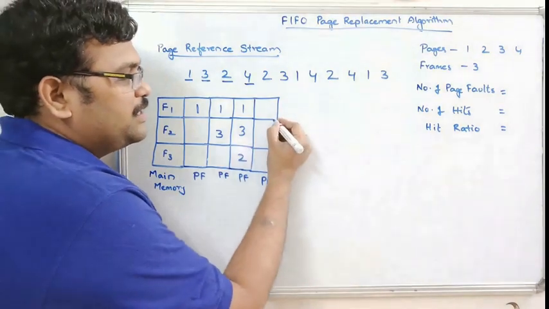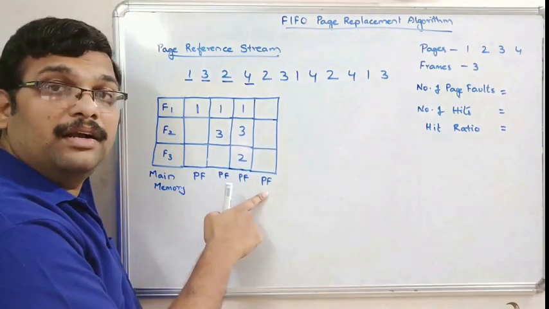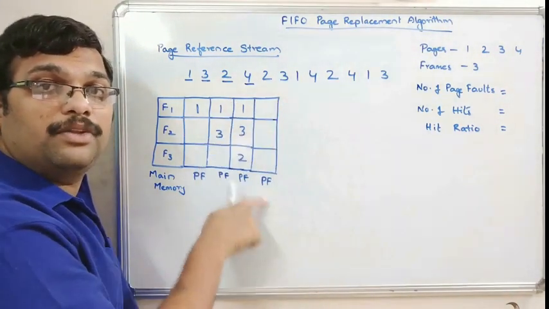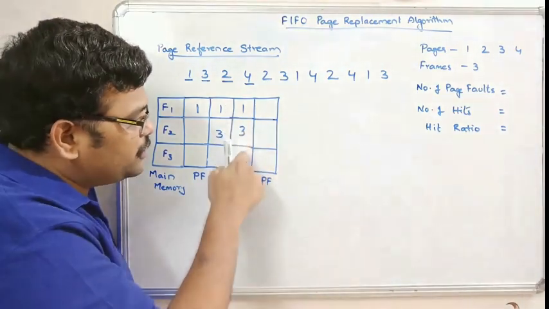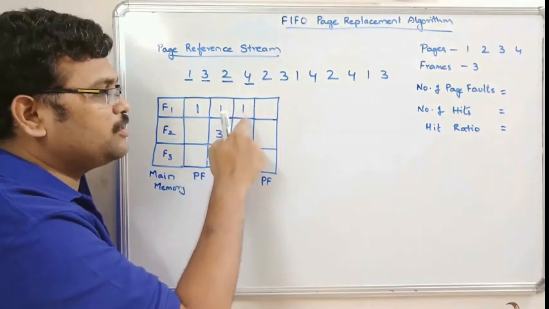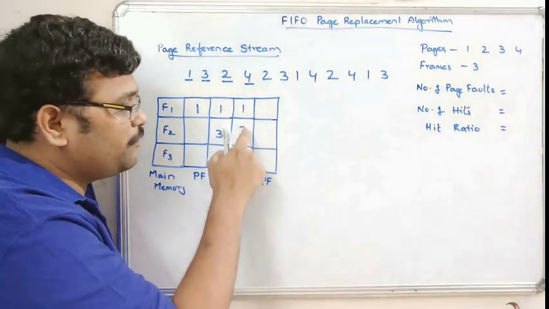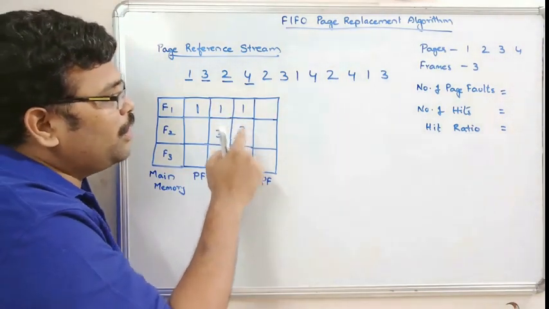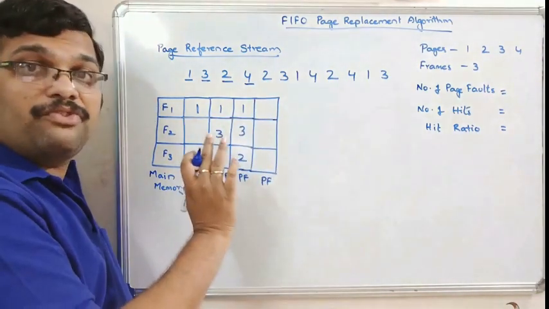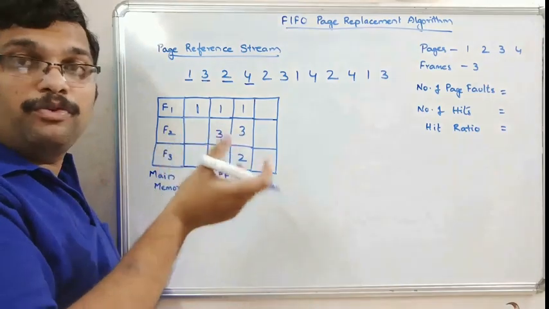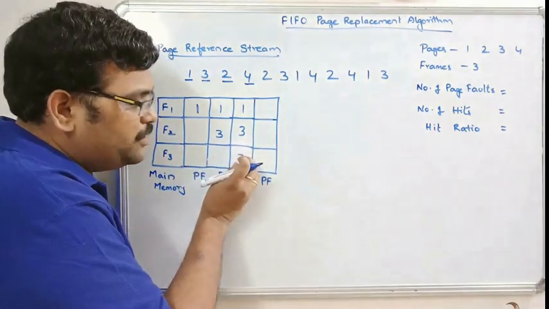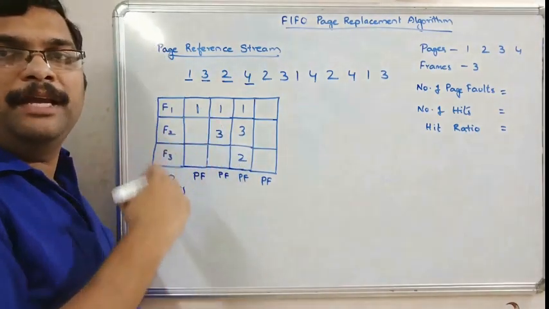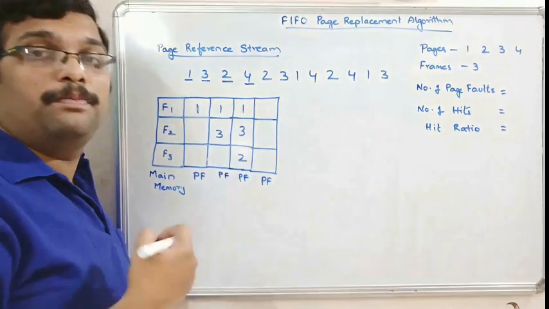Now the question is, whenever we get a page fault, we have to load the required page into the main memory. But here there is no free slot. All the slots are full, right? So now we have to replace. That means a swap out should be done. Swap out means one page should be removed from the main memory. So which page should be removed?